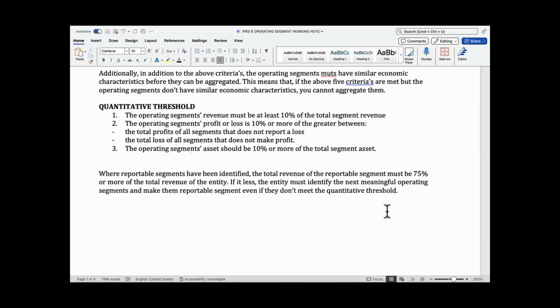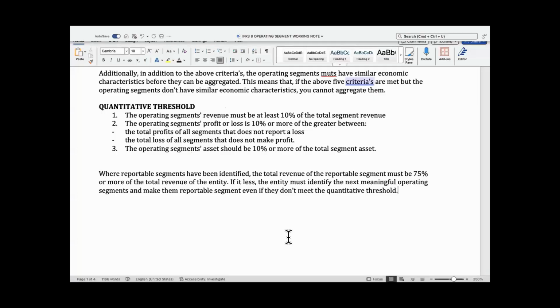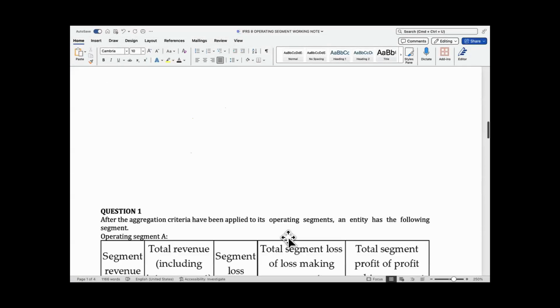If it is less, you need to identify the next meaningful operating segment and make that a reportable segment, even if it does not meet the quantitative threshold, just so that the total reportable segment revenue is 75% or more of our total revenue.